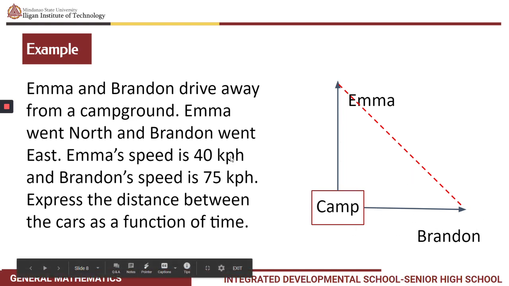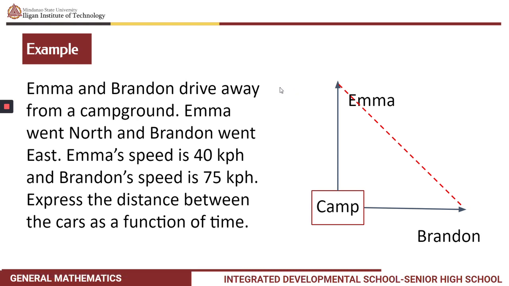Okay. So we are looking actually for the distance between the two cars, Emma's car and Brandon's car. So this red line here represents the distance between Emma and Brandon. Familiar ba yung figure? Yes, no?